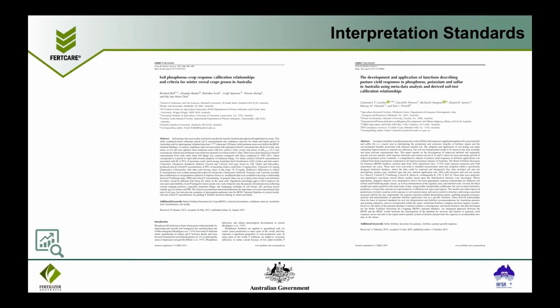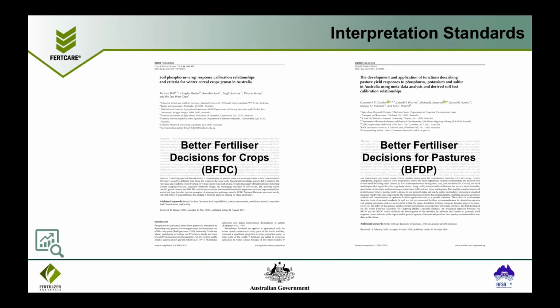There have been some large national programs that have resulted in significant publications that describe those interpretation standards. Two of those would be the Better Fertiliser Decisions for Cropping program and the Better Fertiliser Decisions for Pastures program.